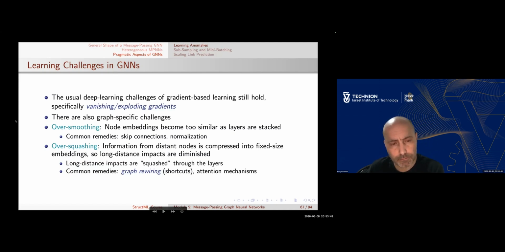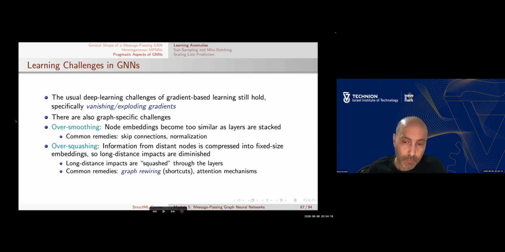Ways of fixing or dealing with that can be graph rewiring. Basically, we take long distance paths and create a shortcut of edges, thereby making important nodes closer to the nodes of focus. So this is called graph rewiring.